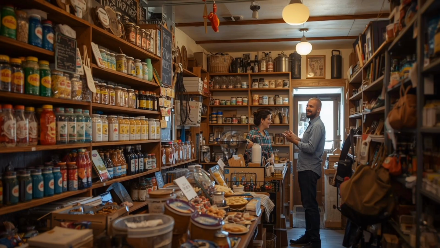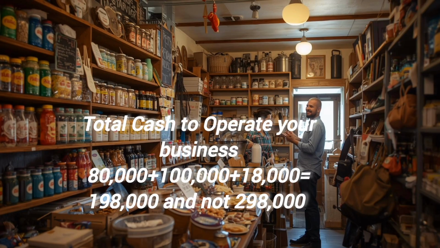Are we together? So the next thing you do, you have to lump all these figures together to give you a guide to help you know how much is the total cash. So like I said earlier, if your personal expenses is 100,000 naira and the monthly cost of restocking your shop is 80,000 naira, you add that 80,000 naira to the 100,000 naira, which is your personal expenses, and then you add the 18,000 naira, which is our contingency expenses.